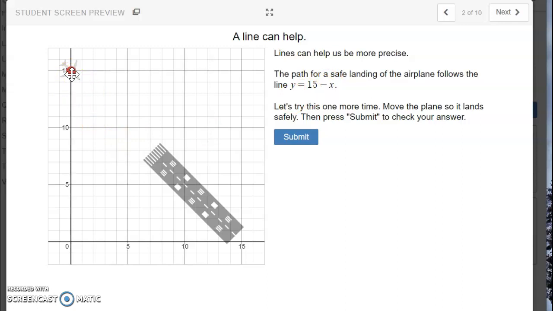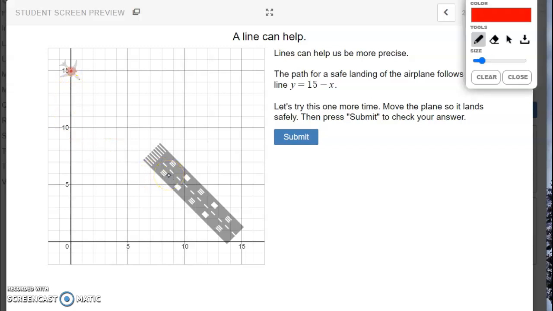Well, if I was to draw a slope triangle from here to here, the rise is going to be -2 because we're going down, and the run is +2, so it's going to be -1. So this is going to follow this path, and it's going to end through like that.